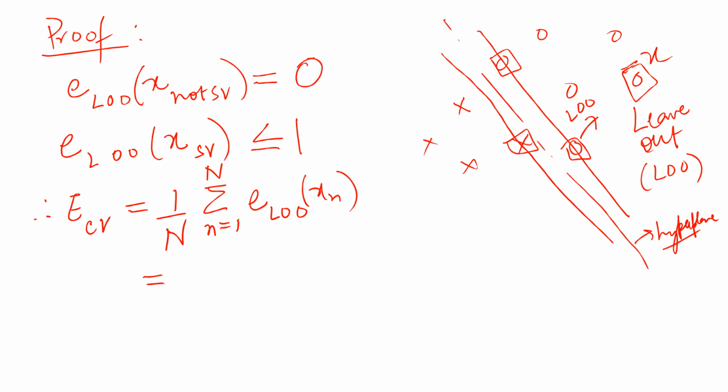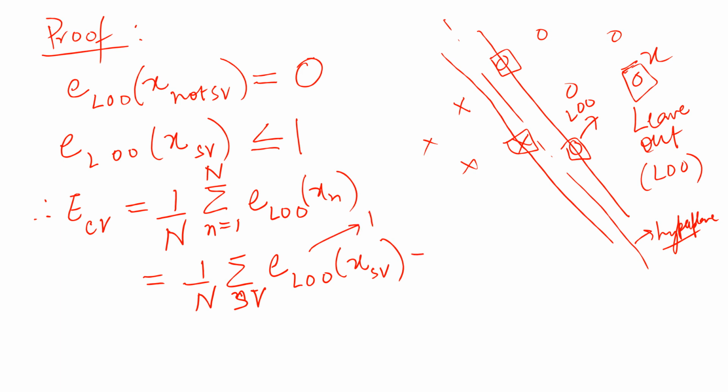So this becomes 1 over N, and I would remove the sum from n from 1 to N and instead say sum over all support vectors of the leave one out error for the support vectors, and the max this can take is 1.